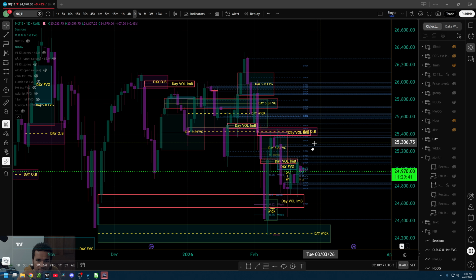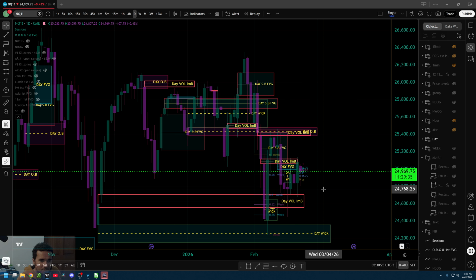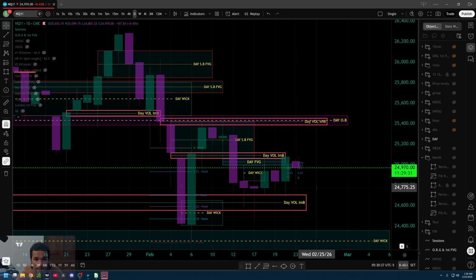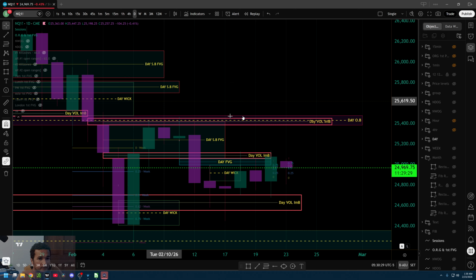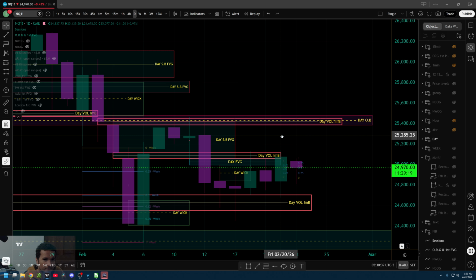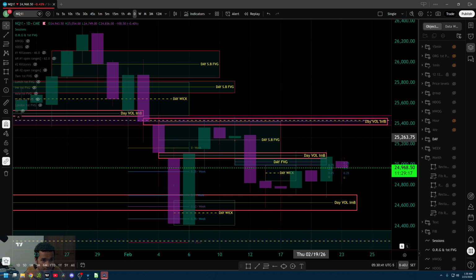Extra close attention to the cluster areas, where the new week and new day opening gap levels overlap with the PD arrays, our extra areas of focus.